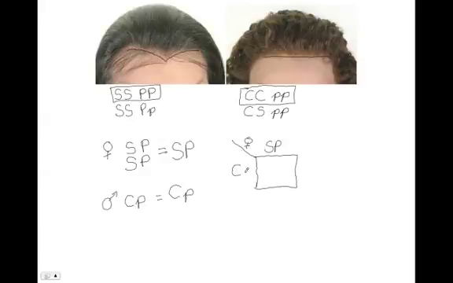The male can only give curly hair without a widow's peak. So that means the only type of offspring that these two could have would be curly hair with the widow's peak.